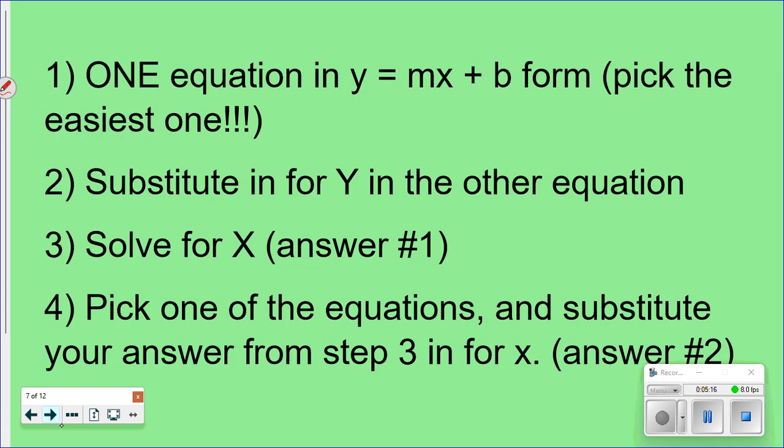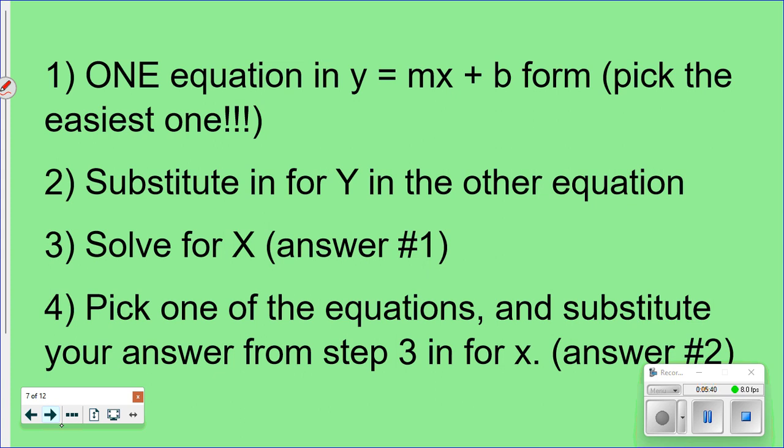But before we do that, I have a list of steps for you to follow. A lot of you like steps, and so I did this for you step people so you know what to do next. So the first thing you're going to do is pick one of the equations and change it into y equals mx plus b form. That's why we've been practicing this so much, because it's going to come in handy now. And we're going to pick the easiest one. You can decide which you think is the easiest.